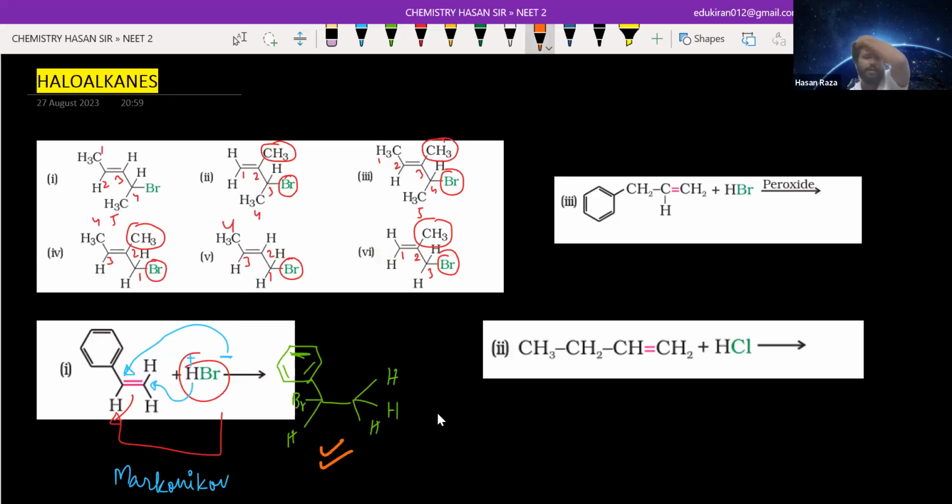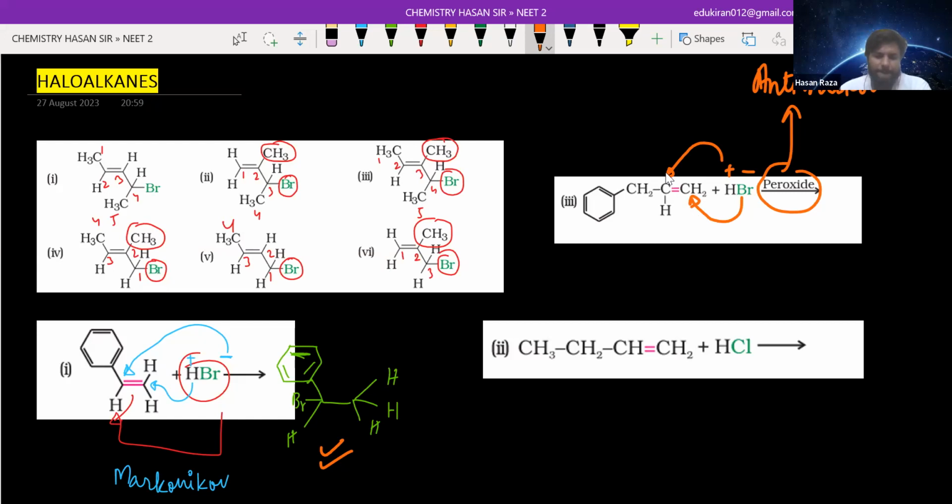Whereas HBr in the presence of peroxide is anti-Markovnikov, and anti-Markovnikov says that the negative part will go to that carbon which has a greater number of hydrogen, and positive to that carbon which has a lesser number of hydrogen. Are you getting my point, both of you?